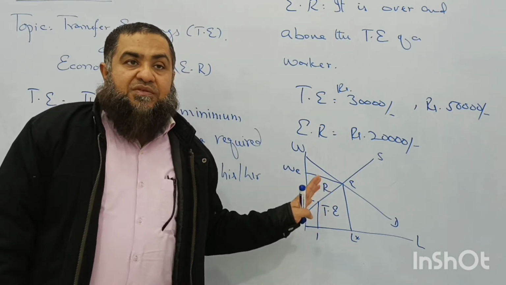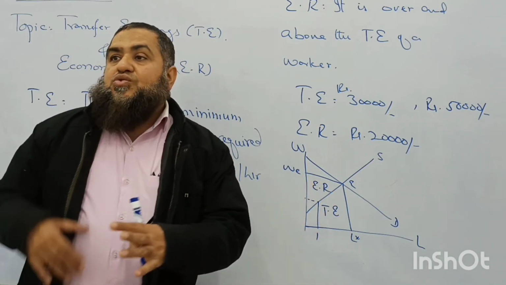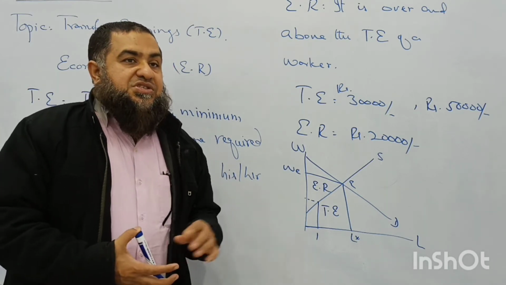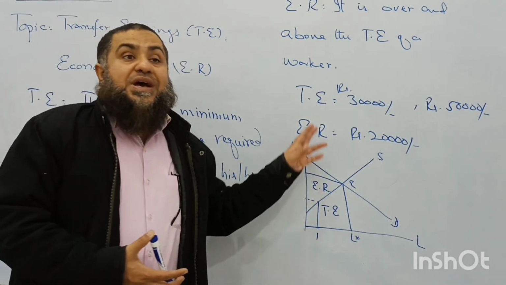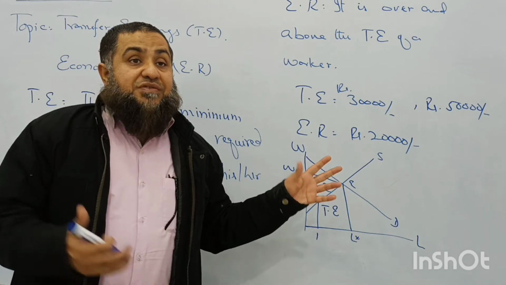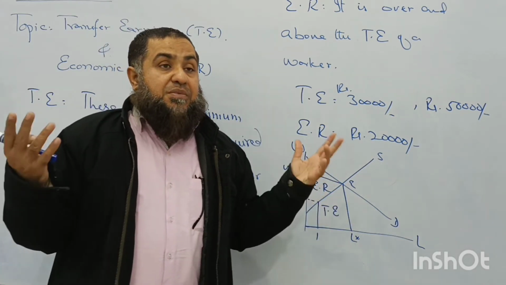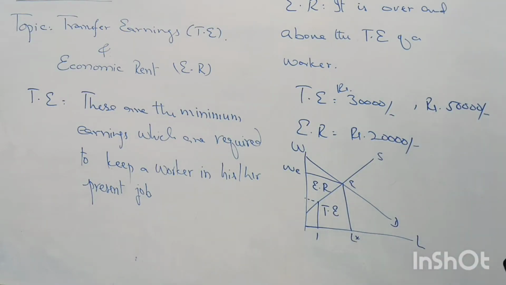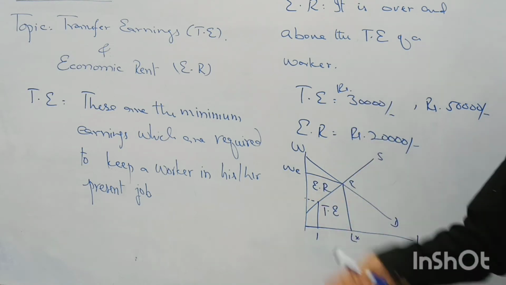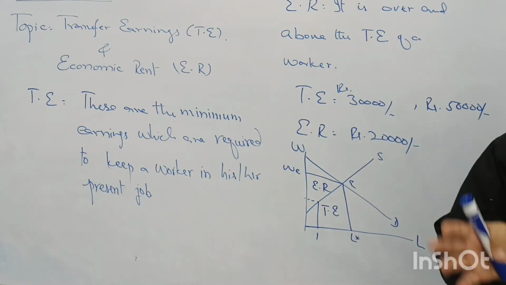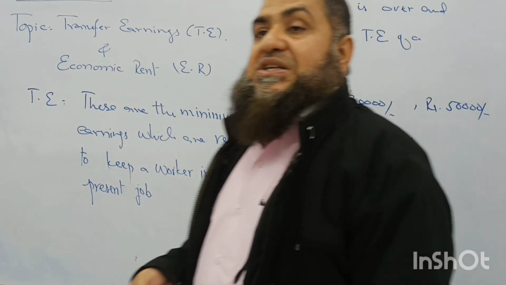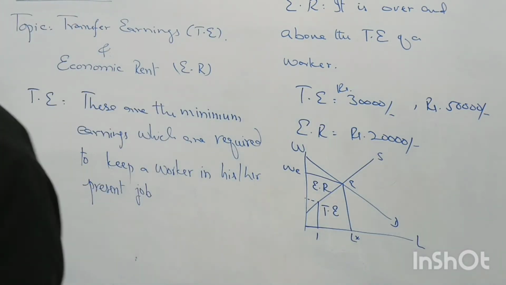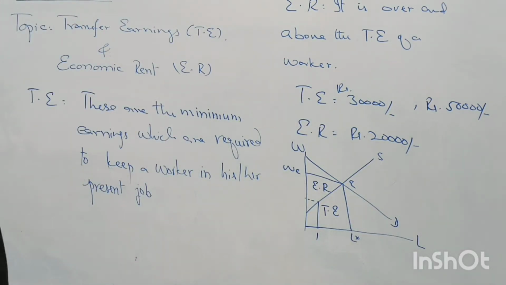But when the school administration offers the same teacher more than 30,000, she was thinking that if 30,000 rupees were paid to her, she would continue to do the job. But the school is going to offer her 50,000 or more than that. So over and above her expectations, that is called what? The economic rent a worker or any teacher is going to enjoy.